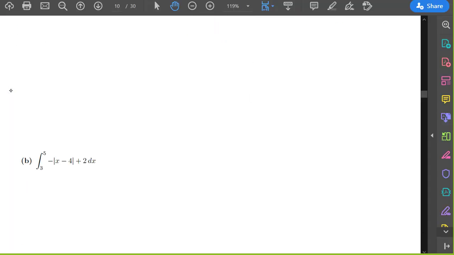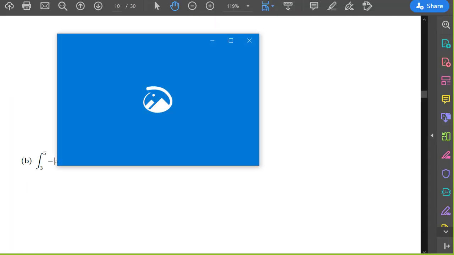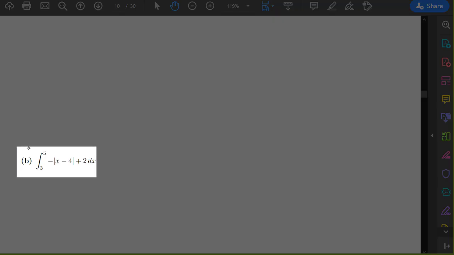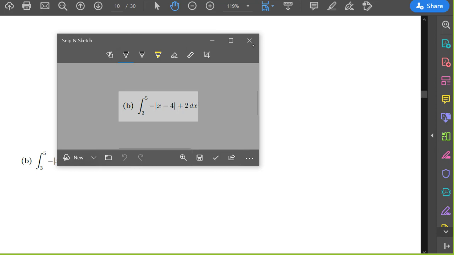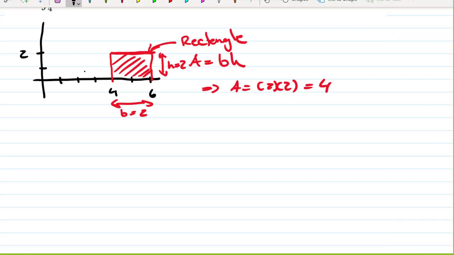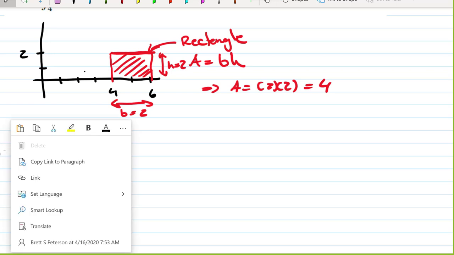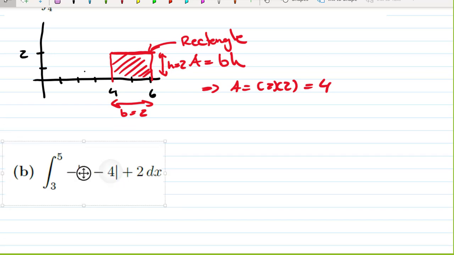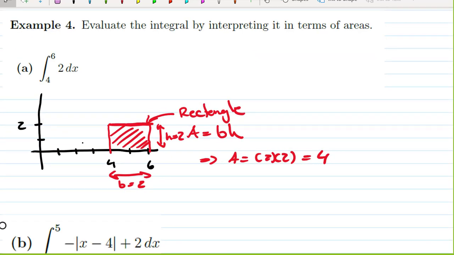All right, let's take a look at our next one. So it's also worth noting before I do this next problem, I made that graph by hand, but I totally could have done that on my graphing calculator, right?